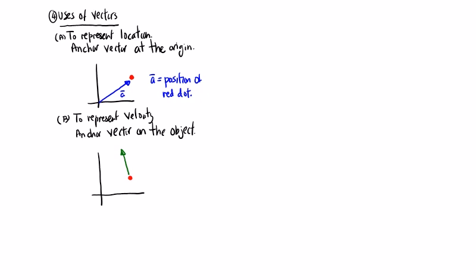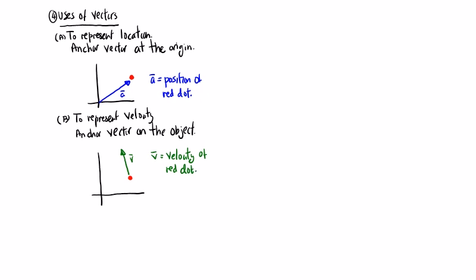Let's say v, for velocity, then v could be thought of as the velocity. It's not speed. We'll deal with all this in more detail later, but speed is just a number, like 5 miles an hour, for example. Velocity in this case includes direction. This is the velocity of the red dot.